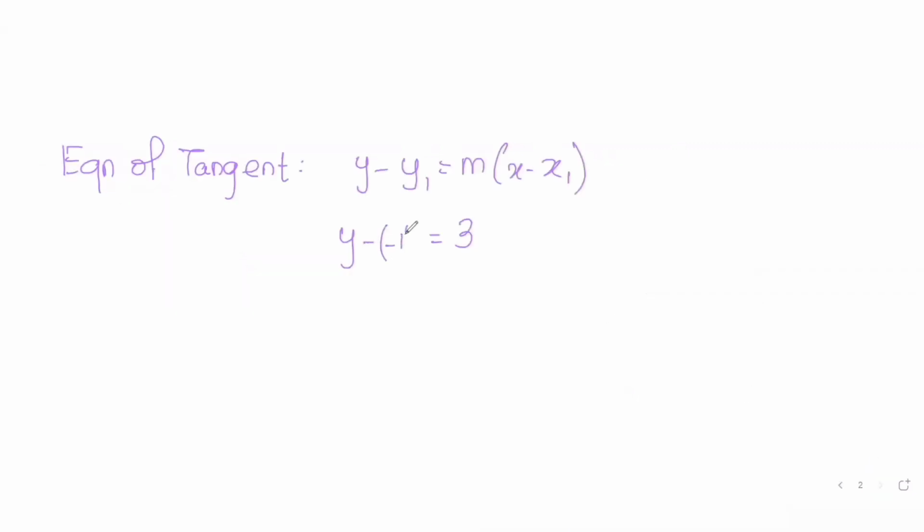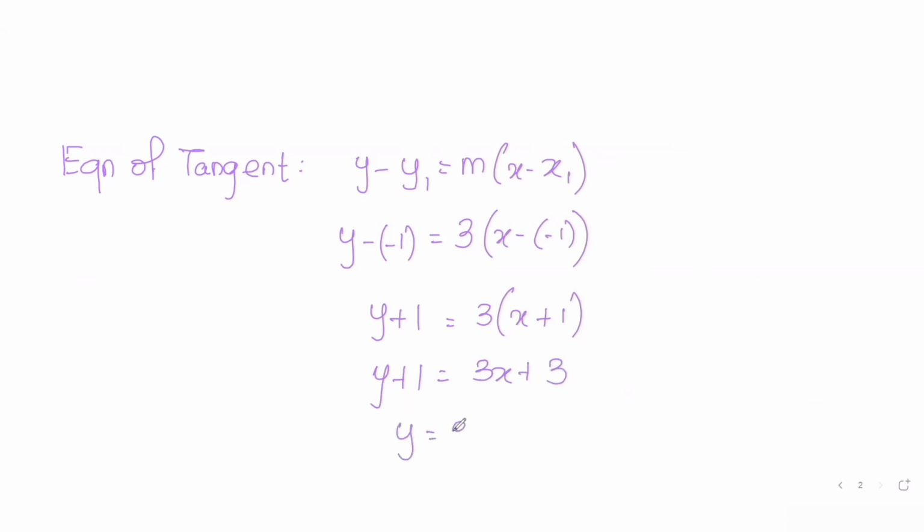So if I substitute, I have the equation of the line: y plus 1 is 3 into x plus 1. So y plus 1 is 3x plus 3, and with that I get y is 3x plus 2. So the equation of the tangent is y equal to 3x plus 2.